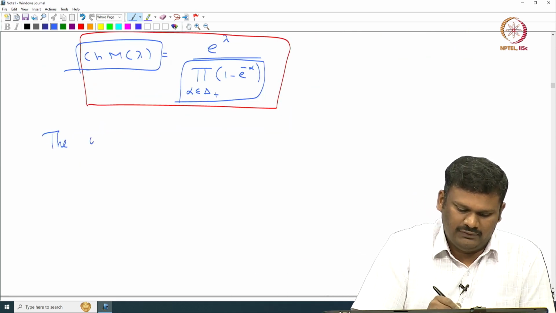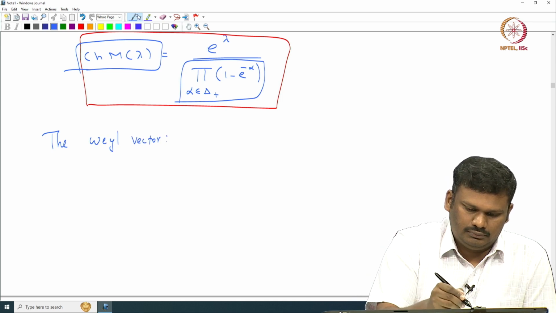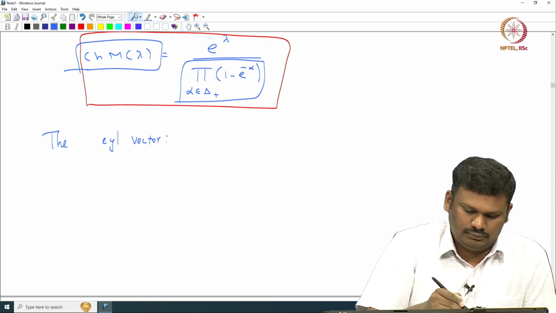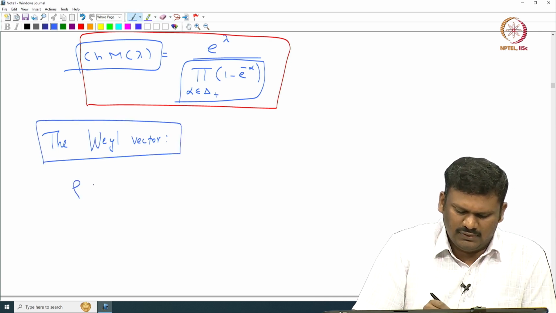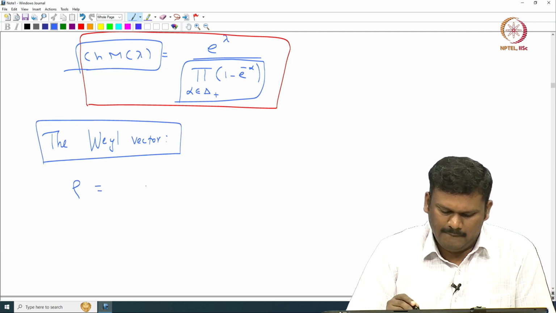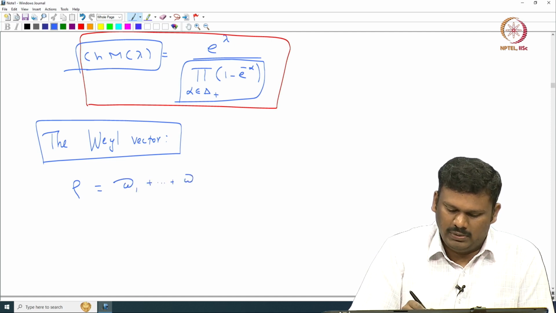So, let us define this Weyl vector. In terms of the fundamental weights, the Weyl vector is defined to be the sum of the fundamental weights, omega 1 plus etcetera plus omega n.